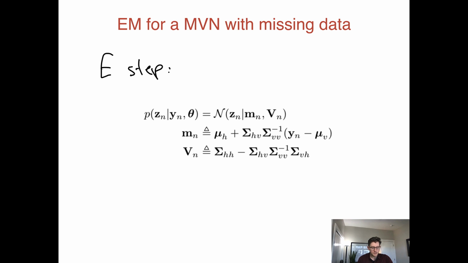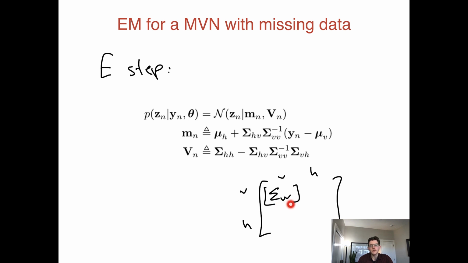Here we've defined mu subscript h to be the mu for just the hidden values. Likewise, sigma VV is the submatrix. If here's sigma, and we have some visible and hidden, then sigma VV is just this visible submatrix.